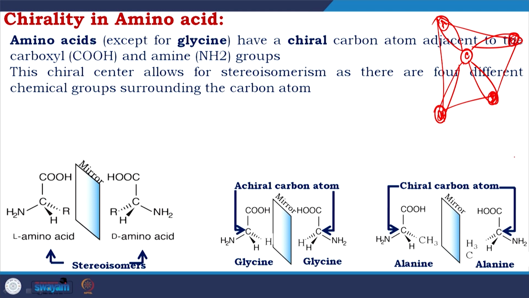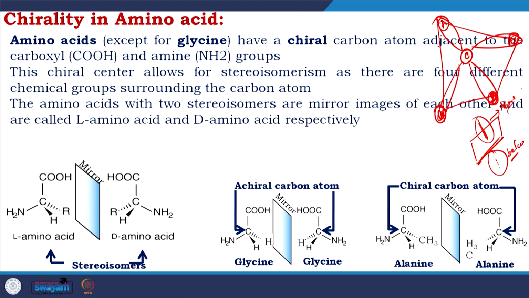So, if it is this plane, one group has to be above the plane and one group has to be below the plane. So, that is why which one is above the plane and which one is below the plane is called chirality.